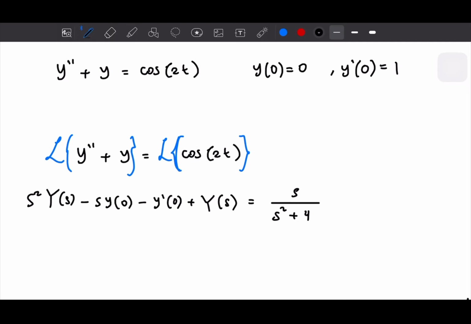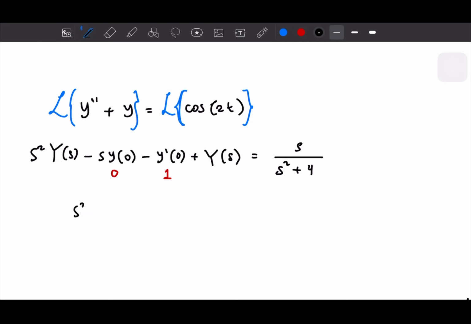And then we take the conditions: y at 0 is supposed to be 0, and y prime at 0 is equal to 1, so this will be 1, okay? So nothing really complicated here. We could just take this minus 1 to the other side, and then we have this.